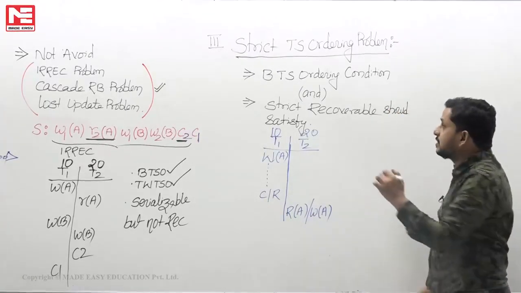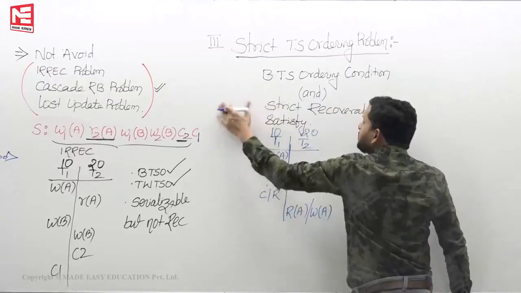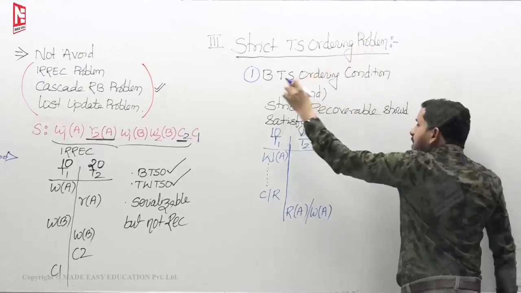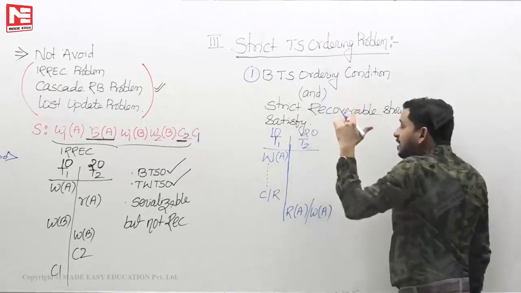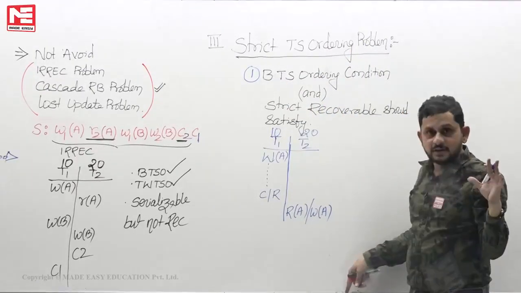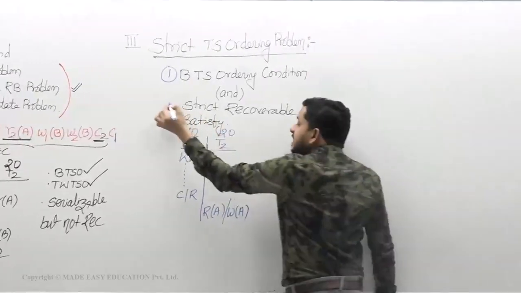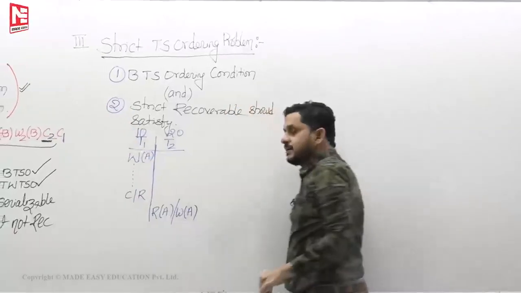So this is the condition. One condition is like the basic timestamp ordering protocol, where the conflict pairs order should be the same as the timestamp order, and second, strict recoverability should be satisfied.